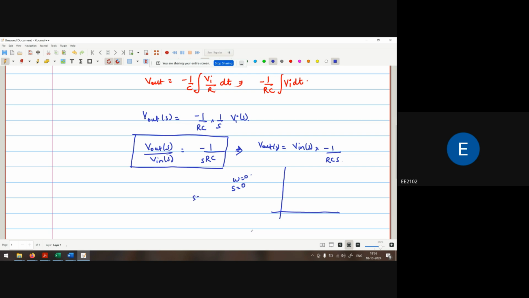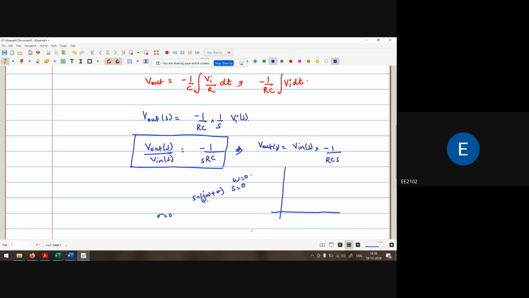Why? Because S is equal to sigma plus j omega, this is the complex one.